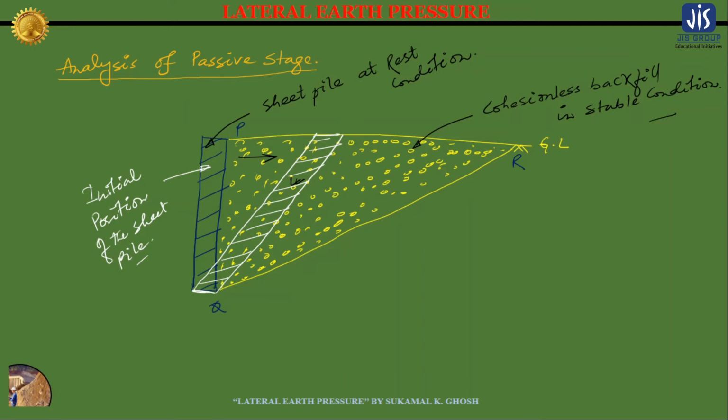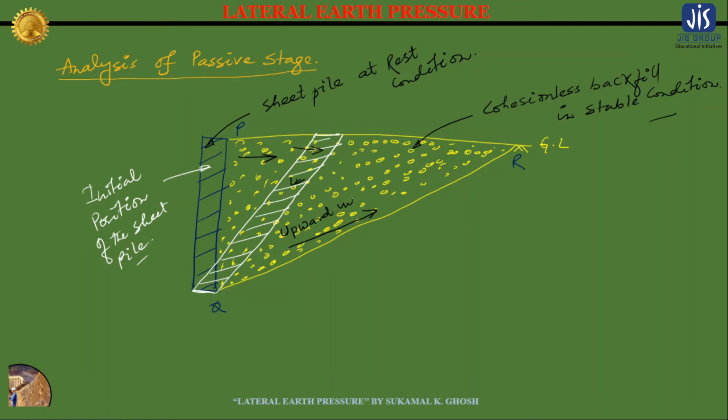So when the wall of this sheet pile is moving towards the backfill, this soil wedge PQR starts moving in upward direction, right? So since this sheet pile is moving this side, this soil wedge PQR is moving in upward direction.